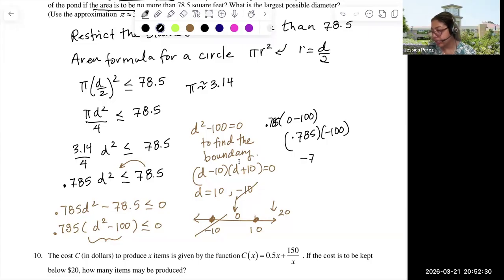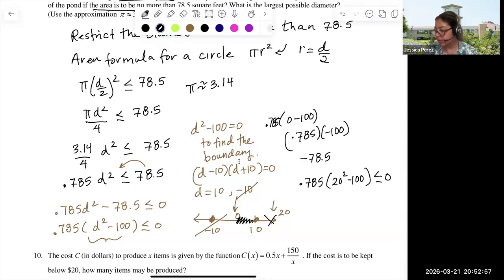That's going to be negative 78.5, which will work. So this part will work. Now what happens after 10? Let's say 20. If I put 20, it's going to be 0.785 times 20 squared minus 100. Is that less than or equal to 0? No. So my only answer is going to be from 0 to 10, including 10, where my largest value would be 10.